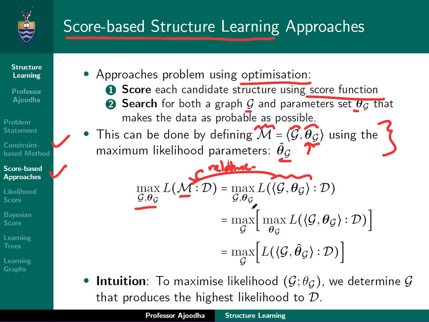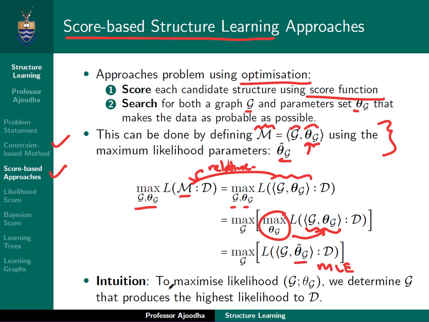And I can then separate the graph structure from the parameters, so you have the graph structure on the outside and the parameters on the inside for this equation. And then if I apply the max for this likelihood with respect to the parameters, I end up with the maximum likelihood estimate, MLE, that you've seen in the slides on parameter estimation.